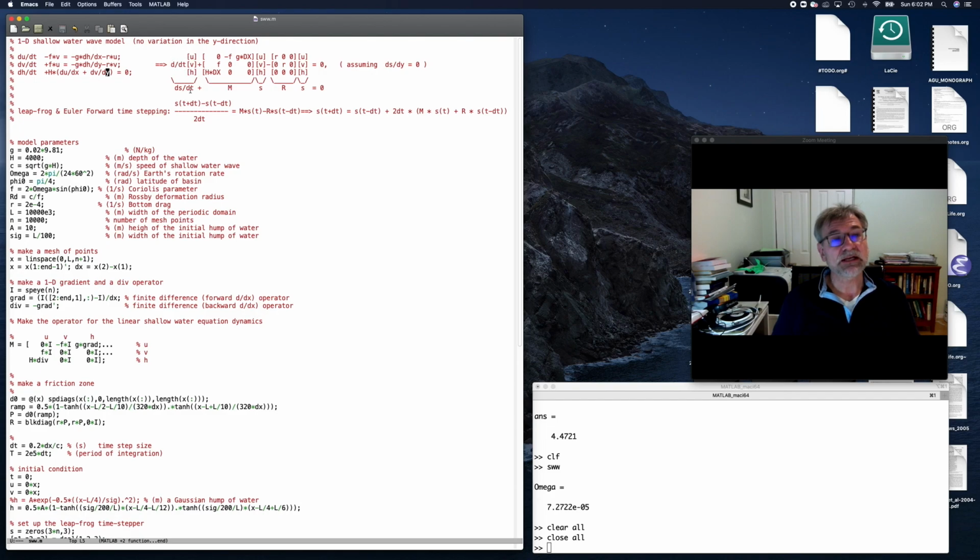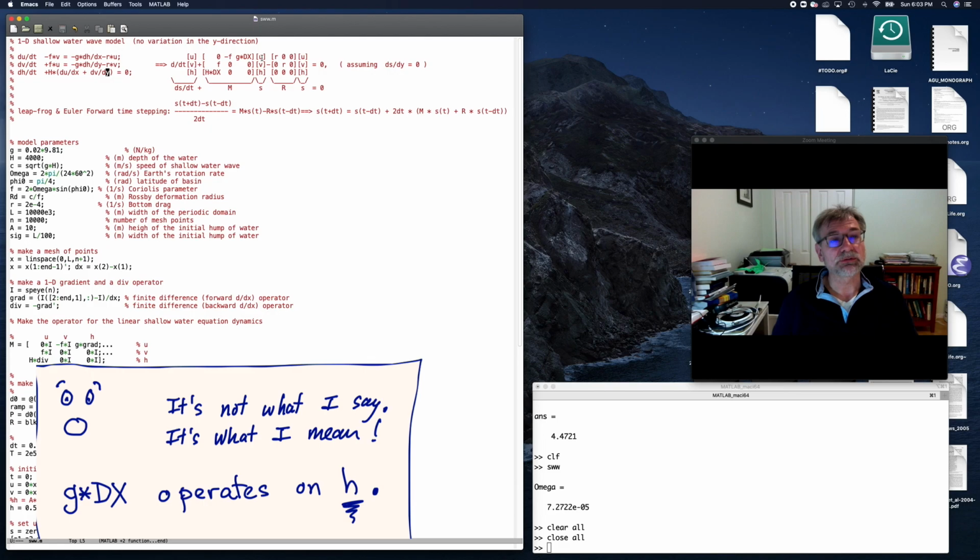So the time rate of change of the state is equal to, and then since the equations are linear, they can be separated out in matrix form. So we have the state S, u, v, and h, and this matrix differential operator. The 0 multiplies u because there is no u over here in the wave part. There's a frictional r times u over here. Minus f multiplies v, and g d/dx applies on h.